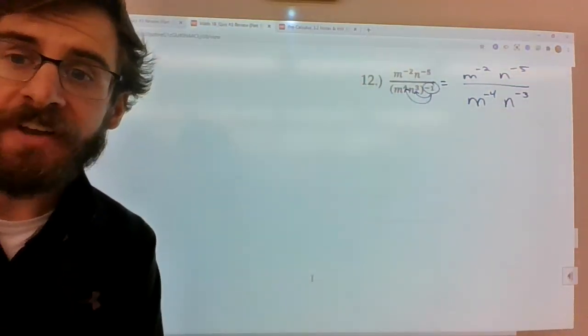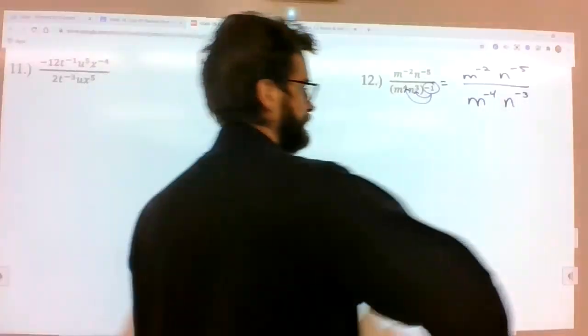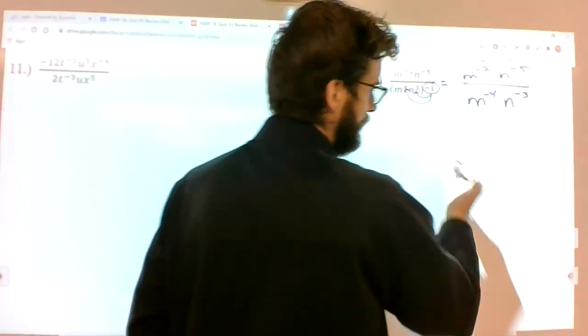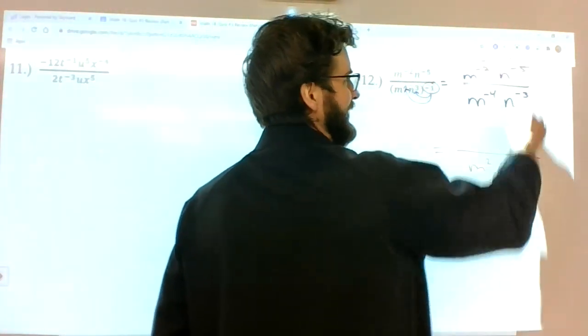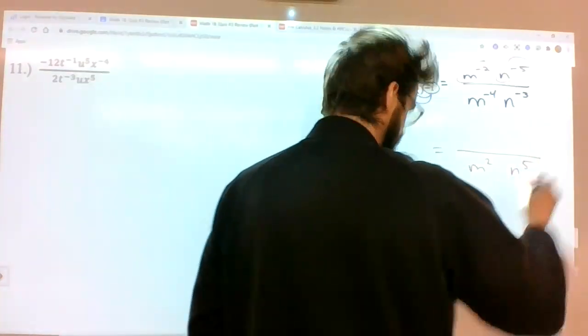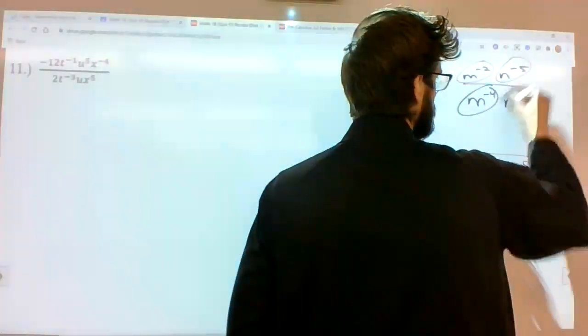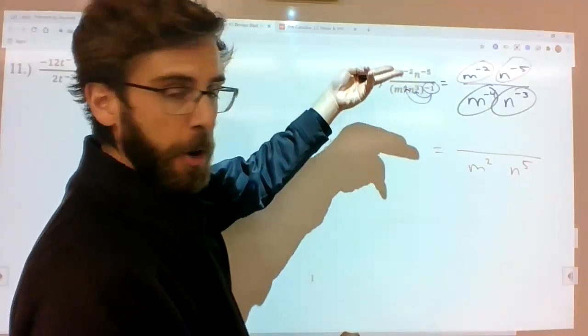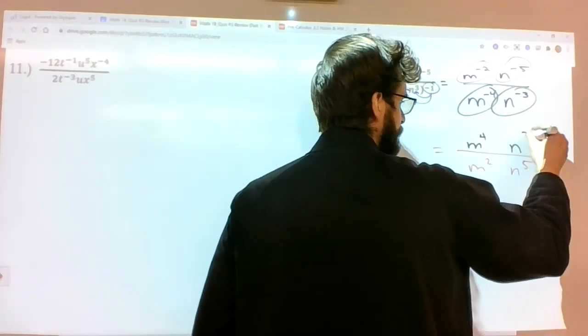So it looks like it's moving day for everybody. Everybody's moving. The tops are moving to the bottom. So it'd be m to the positive 2, n to the positive 5. The bottoms are now positive exponents on top. M to the positive 4, n to the positive 3.